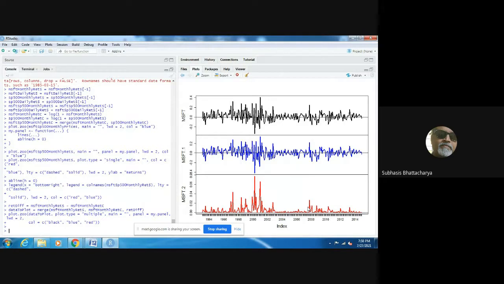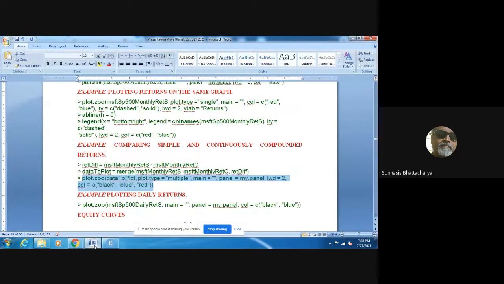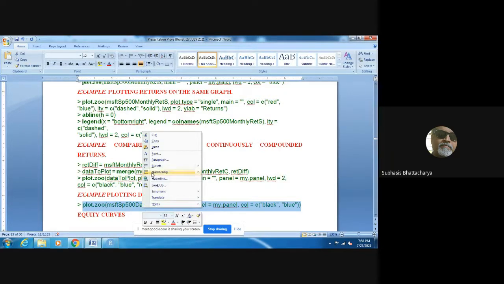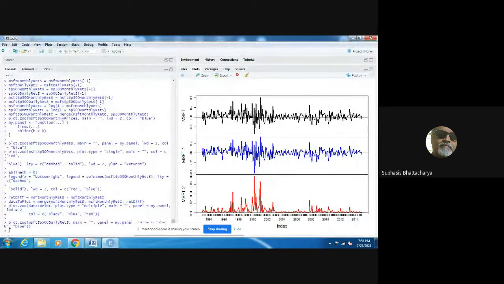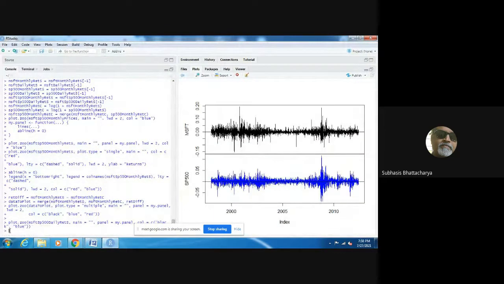So if we consider this for the daily returns, just change the variable. Look here, I plot the SP500 daily return. Compared with the monthly return, the daily returns are closer to zero, and the magnitude of the fluctuations, that is the volatility, is smaller.